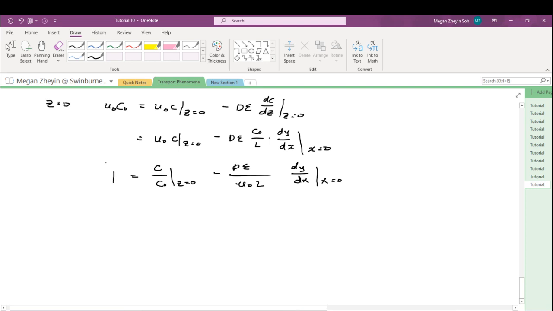Okay, so over here, this one should be x also, x equals 0.